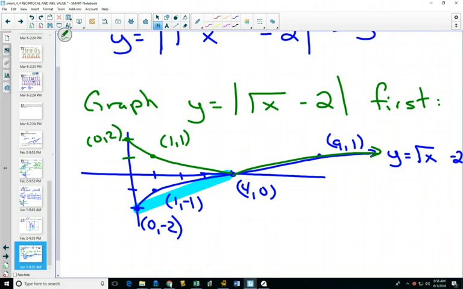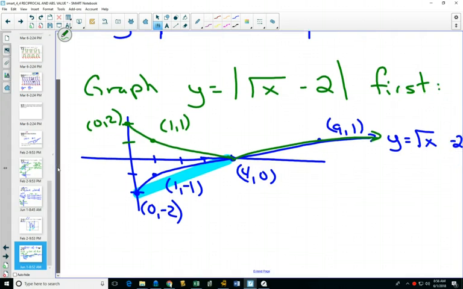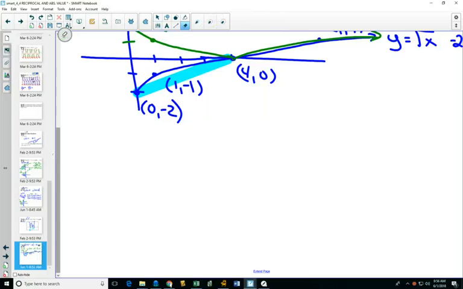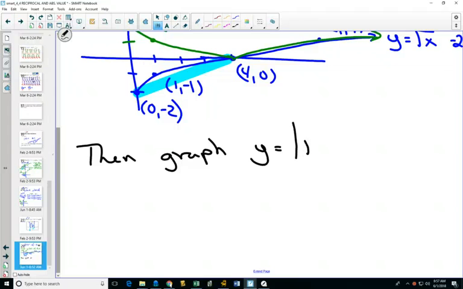It's kind of got a little sharp point here where it was reflected at the x-intercept, and then curves up. And once we have that graph, we can do a final translation 3 units down.